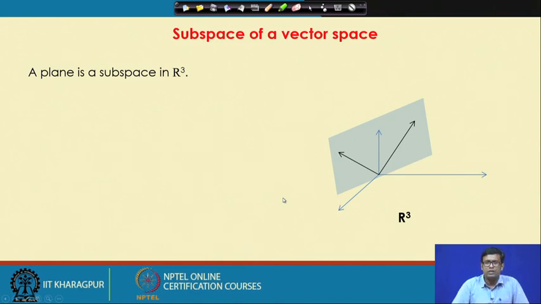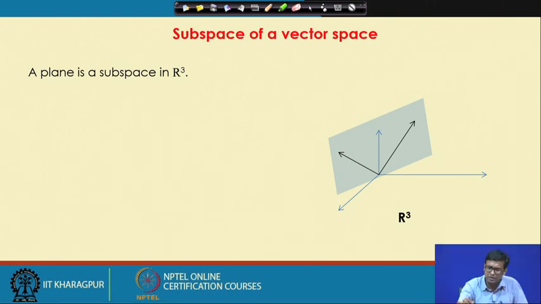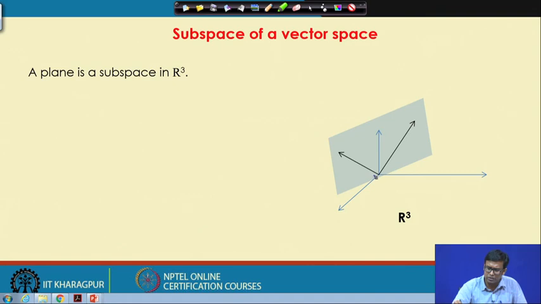For example, if we think of a plane in a real coordinate space of dimension 3, R 3, this is a subspace. This makes life simpler: a plane is a subspace of a 3D real coordinate space. Why? I have two vectors in that plane; these two are coplanar vectors. If we add them, the resultant will also be a coplanar vector.